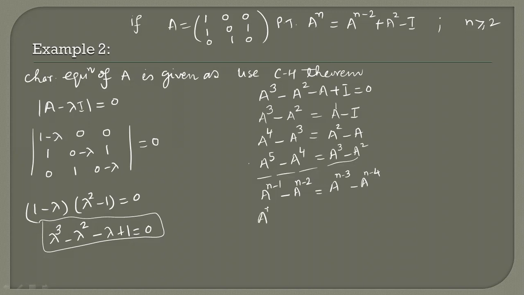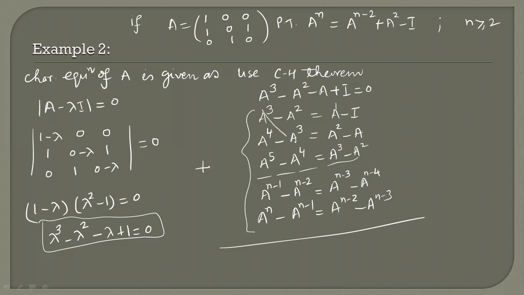Now what will be the nth power? A to the power n minus A to the power n minus 1 equals A to the power n minus 2 minus A to the power n minus 3. If you add all these terms, you can see that on the right hand side A cube is cancelled, A to the power 4 is cancelled, A to the power 5, all terms are cancelled out, and in the last, minus A square is kept.